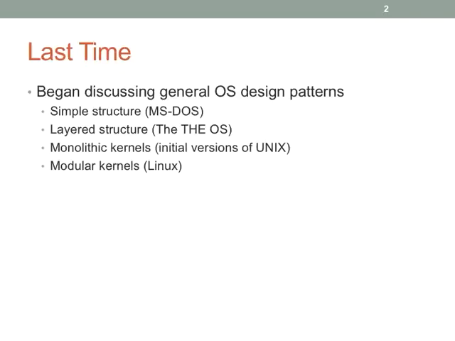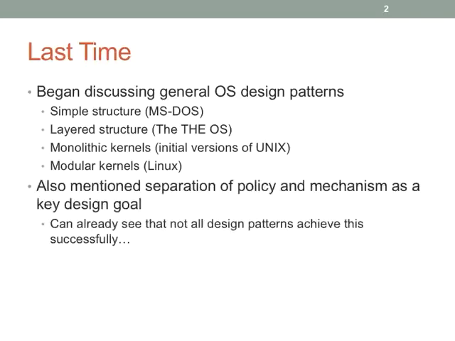Monolithic kernels, where you look at initial versions of Unix and Linux, and modular kernels, which, again, are monolithic, but they just allow you to dynamically load and unload portions of the kernel into memory. So they get statically linked into the kernel at runtime, and they can access anything in the kernel. The kernel can access them if they know about them. So you can't really say it's not monolithic. So modular kernels are just sort of a subset of monolithic kernels.